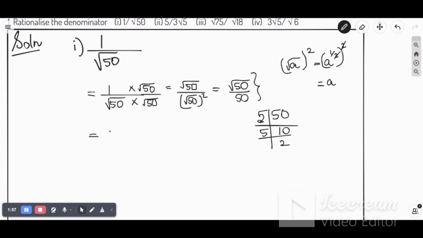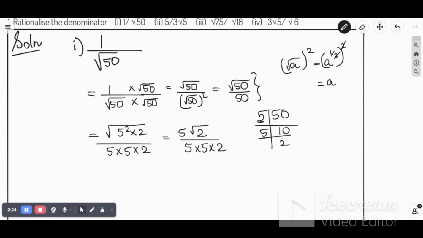So this 50 also can be simplified, which is 5 square into 2, so 50 you can write as 5 into 5 into 2. Now this square you can take it outside. The square root of 5 square is 5, so 5 root 2.